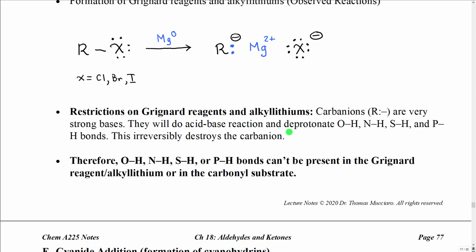So they will readily deprotonate any OH that we present, any NH, SH, or PH. So we can't have those bonds in our molecule if we want to do a Grignard addition. So OH, NH, SH, or PH can't be present in the Grignard reagent or in the carbonyl. Otherwise, something different is going to happen.